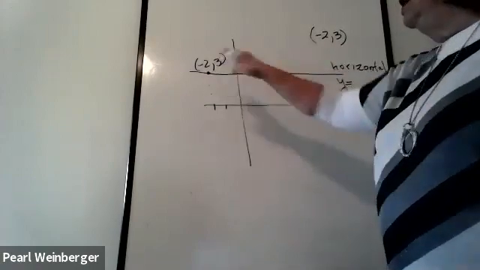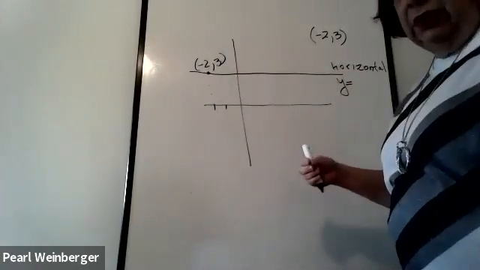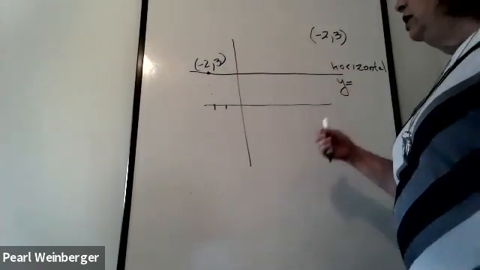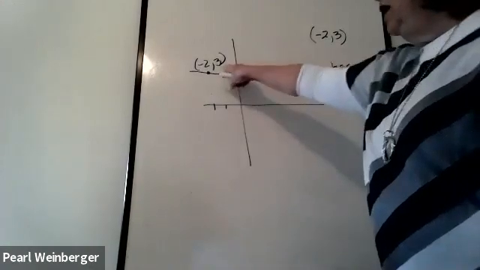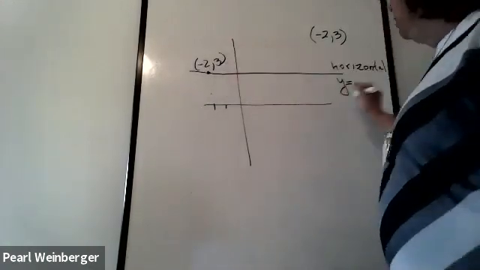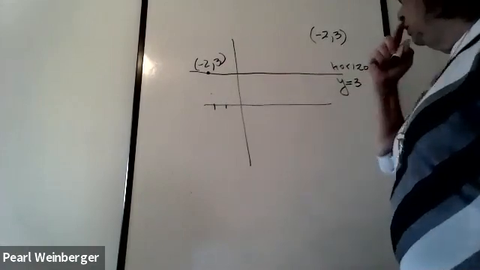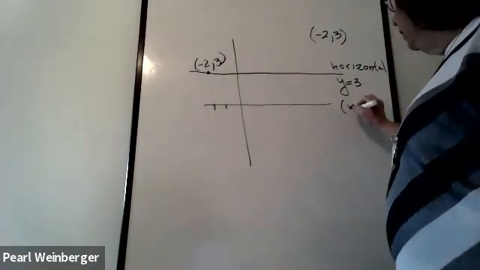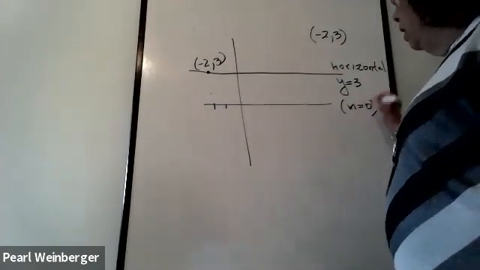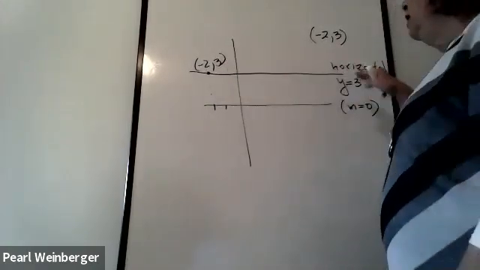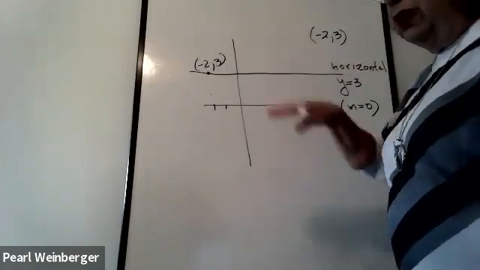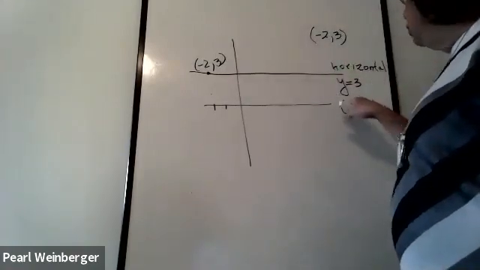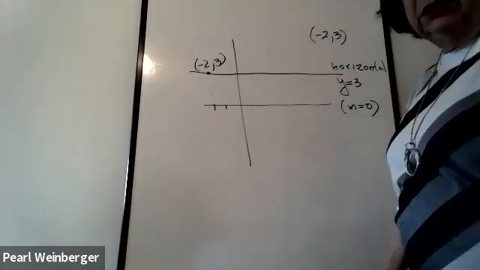A horizontal line has no x's in its equation. It just has a y, and the y is whatever the point is. So it would be y equals 3. And that line happens to have a slope that's equal to 0. A horizontal line, remember, slope is rise over run. It doesn't rise at all, so its slope is 0.